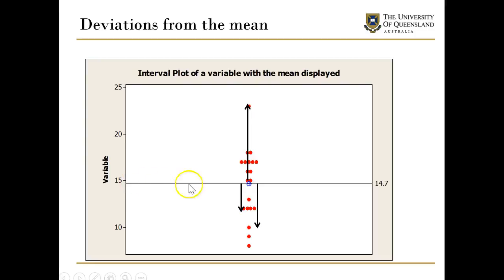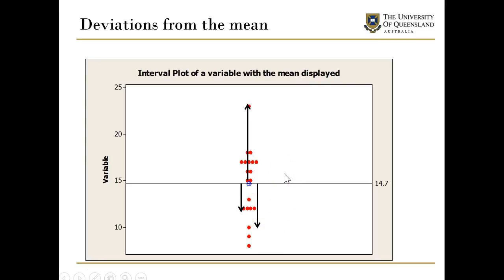What I've got here is a line across. This is for this particular sample, that's the mean. Mean is 14.7, okay? And here's a little mark showing you the mean on this vertical display of data. You can also display this horizontally, but just for now, let's see this as above the line and below the line, which may be helpful.